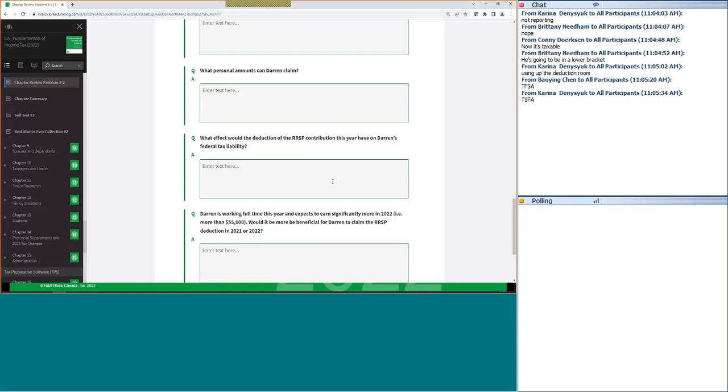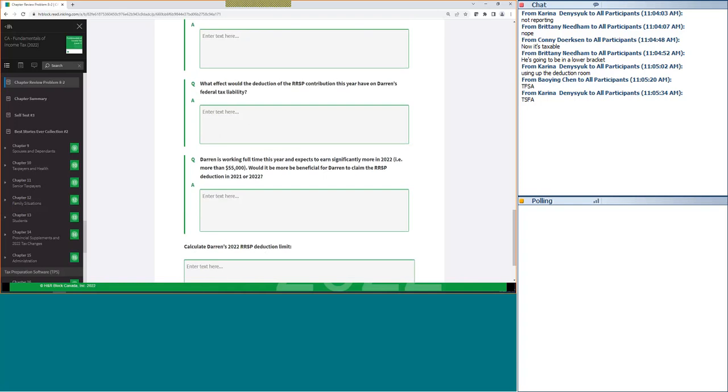What effect would the deduction have on his federal tax liability? If you reduce your income, you reduce your federal tax liability. So that's good. He will pay less federal tax this year than he would have paid if he did not deduct the RSP. But then we get to the interesting question, which is he's working full-time and he expects to earn more in 2022 because he's going to be working the full year next year.